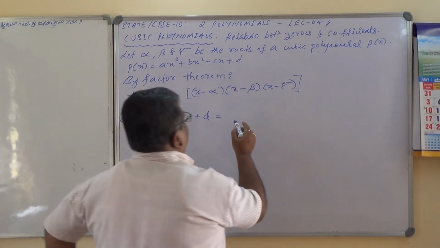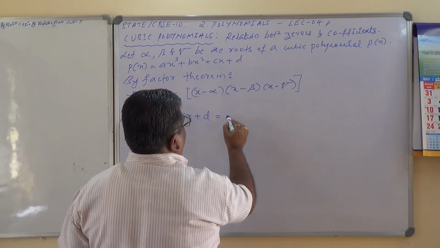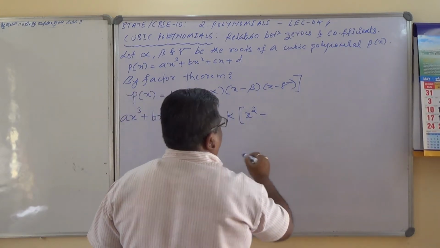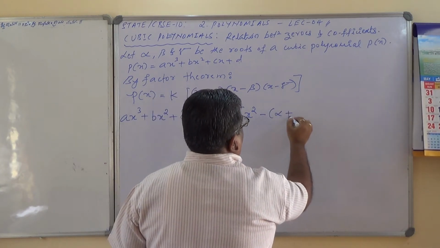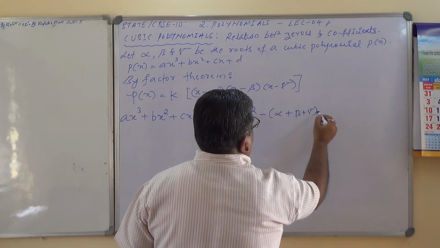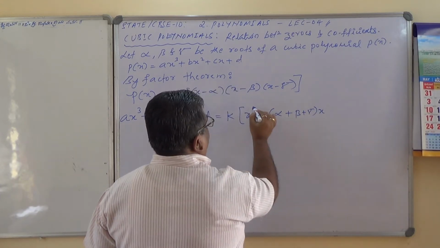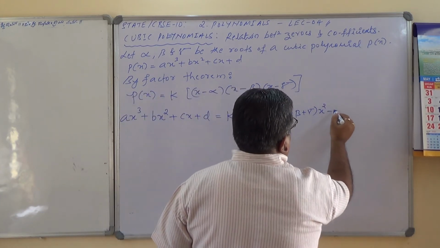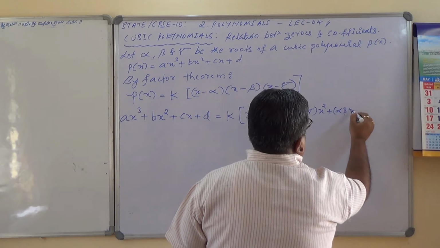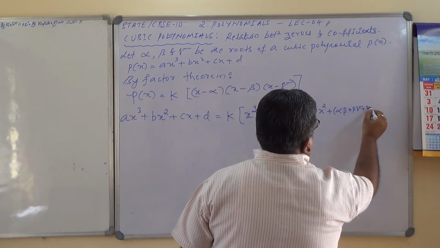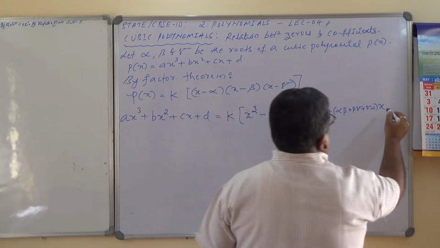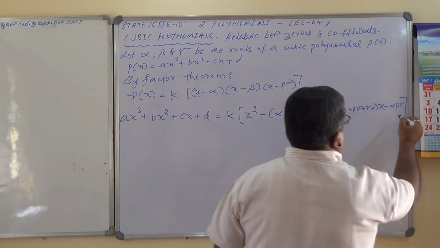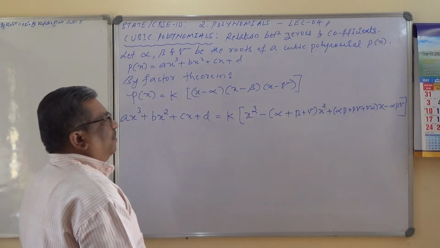So finally what we get here is k times x cube minus alpha plus beta plus gamma x square plus alpha beta plus beta gamma plus gamma alpha into x minus alpha into beta into gamma. This is what I am going to get ultimately. I hope you have understood this one.